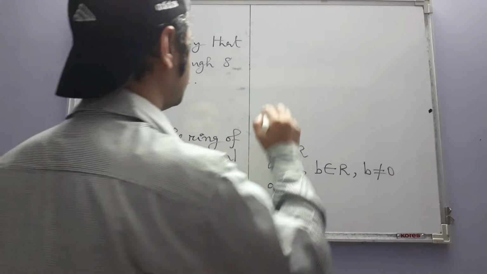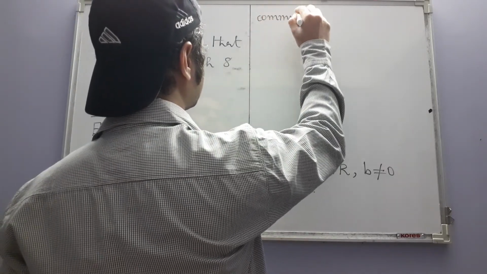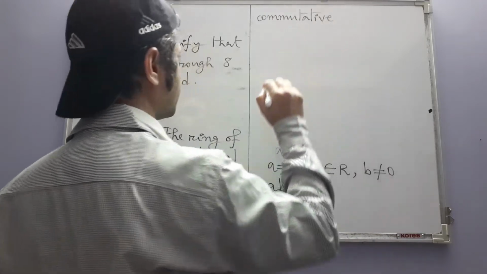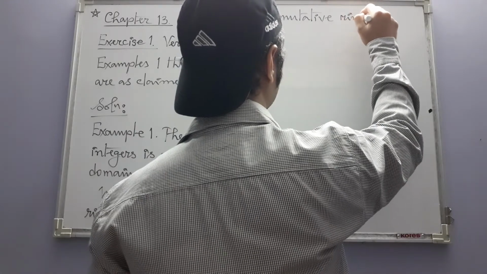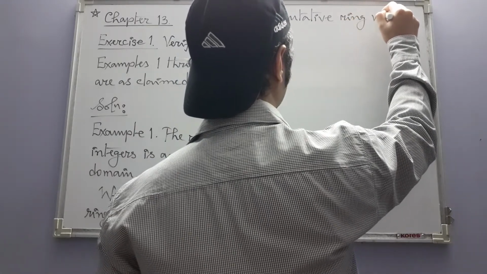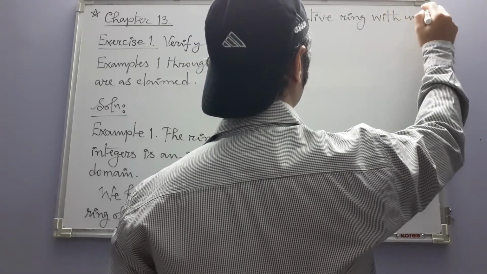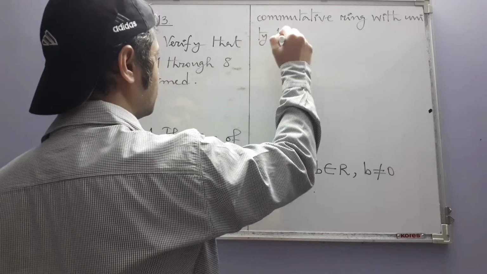This we already know, because the multiplication of integers is a commutative operation, and there is a unity also, which is the integer 1.